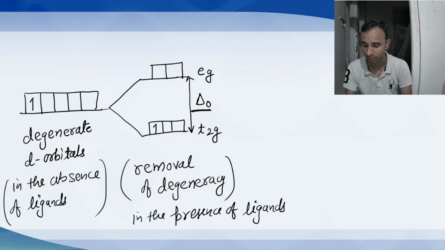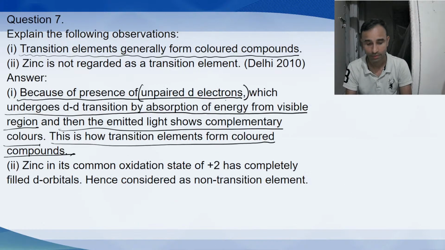This is called DD transition, due to the presence of unpaired d electrons. This is how transition elements form colored compounds.